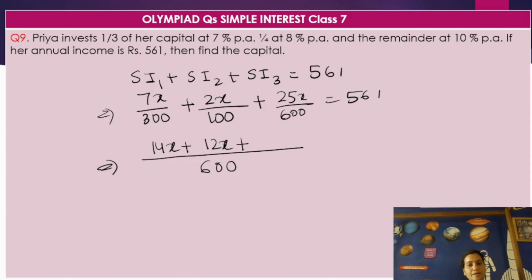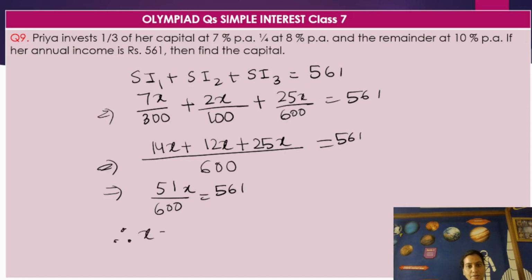And 600 divided by 600 is 1, so 25x as it is, equal to 561. So 14 plus 12 is 26x, 26x plus 25x is 51x by 600, equal to 561.